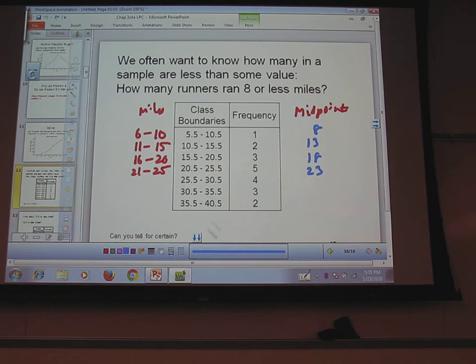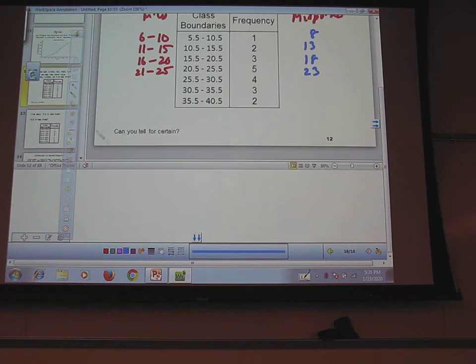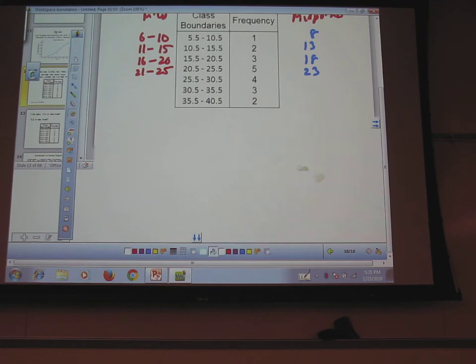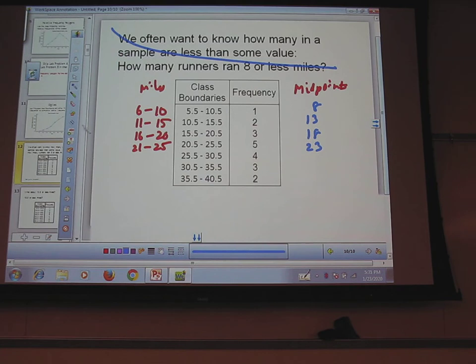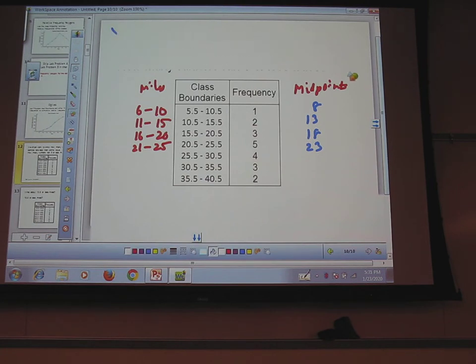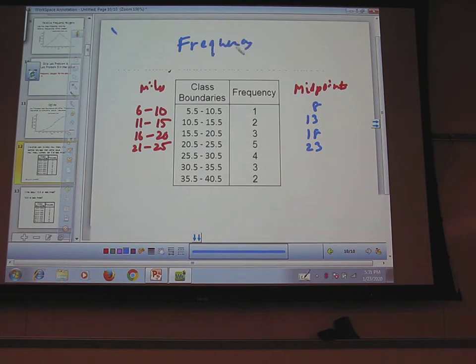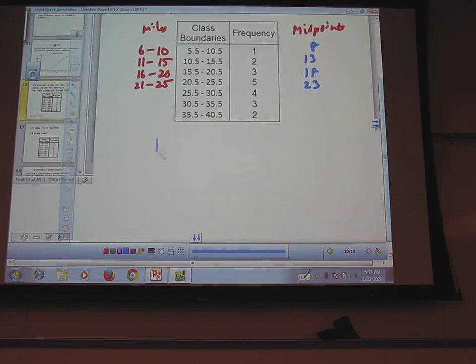And I'm going to take these frequencies. I'm going to make a frequency polygon. So it's going to be here.